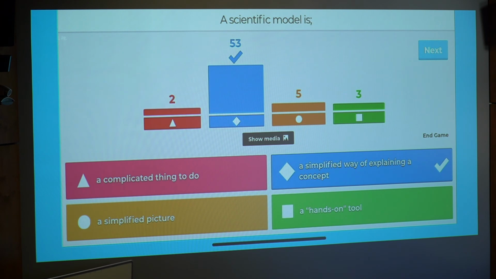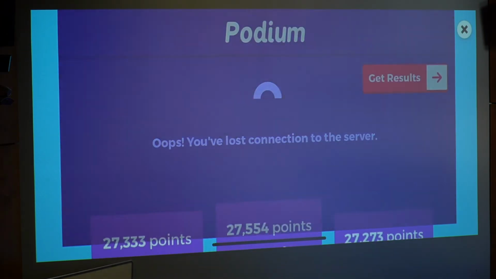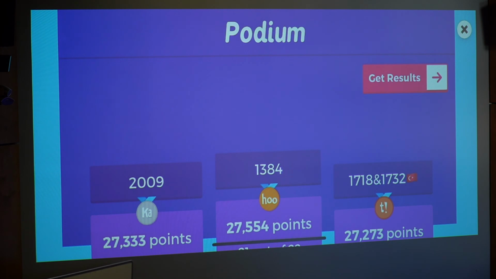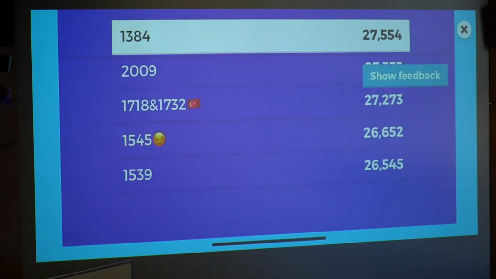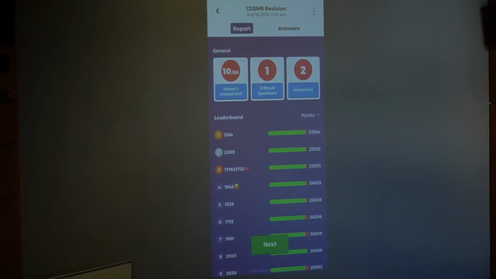Okay, when I hit the next button, 1384. All right, well done. I think you guys are actually doing pretty well with those now. There we go. 1384, 2009.